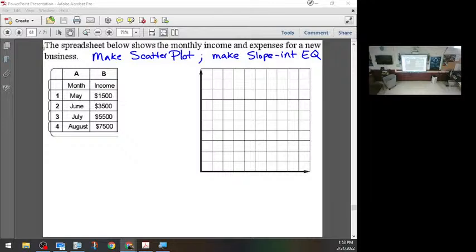Yours might be different than your neighbor's, that's fine. As long as you follow the process and you're kind of close to what I get up here, you're okay. Nice thing about trend lines is they're close enough math.